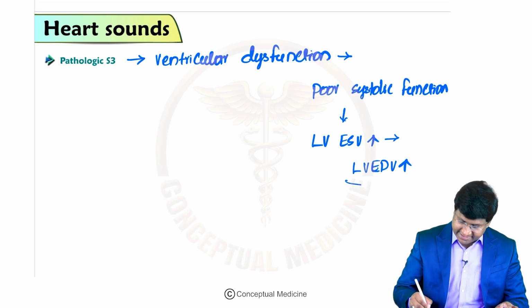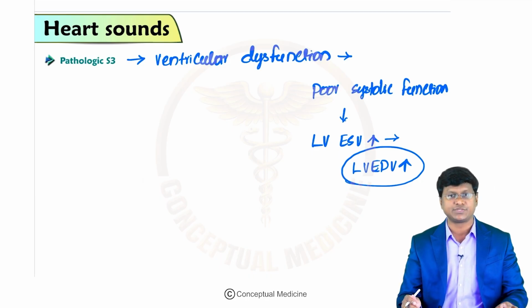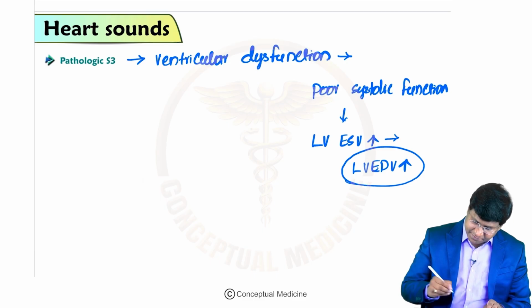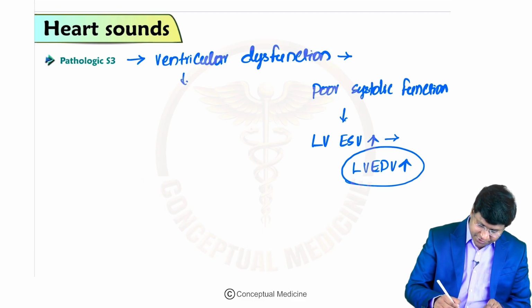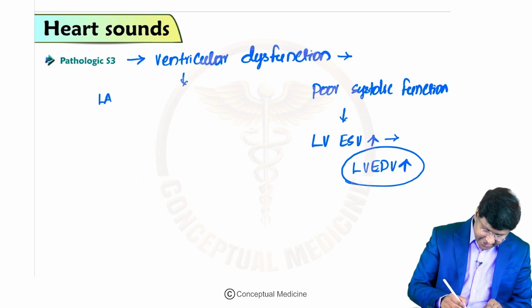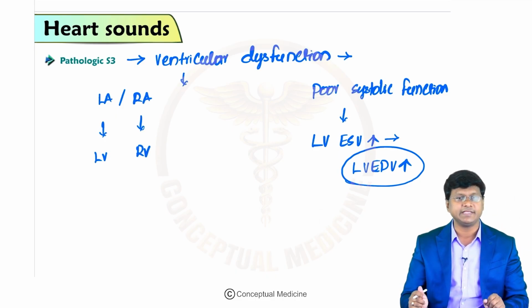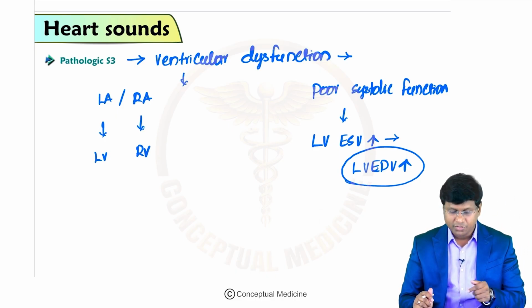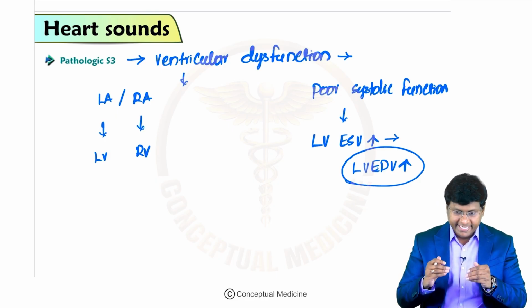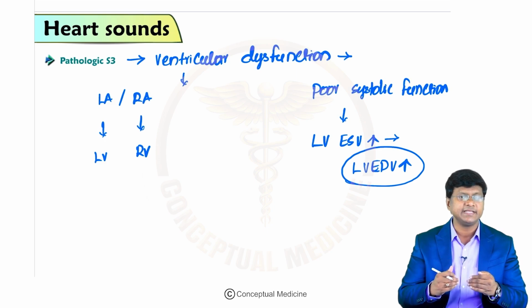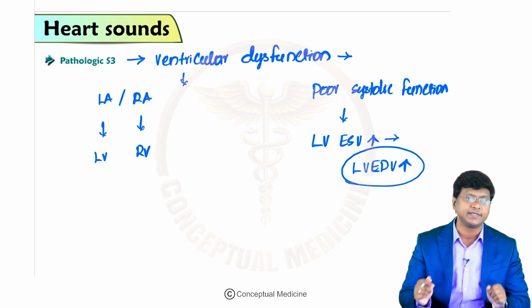So by the end of the diastole there is increased LV end diastolic volume. So in these patients with ventricular dysfunction, the left atrium is sending blood into the ventricle which is already containing blood, because the systolic dysfunction prevented the entire blood from being emptied.